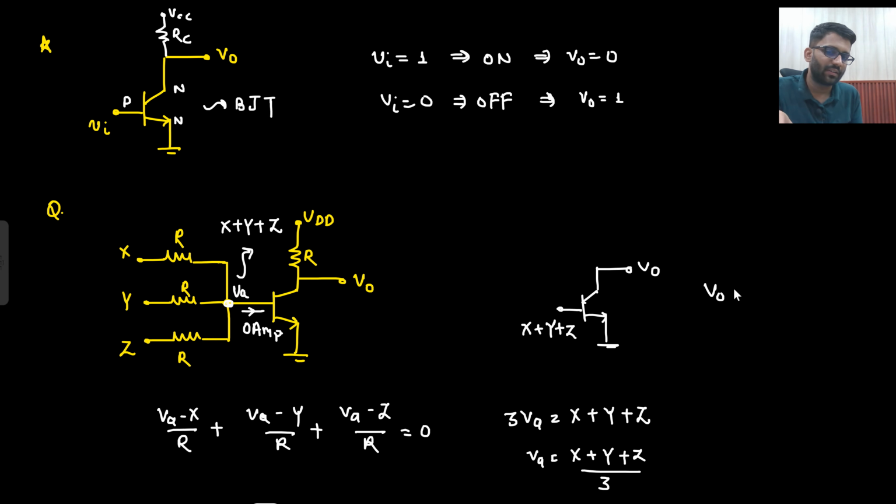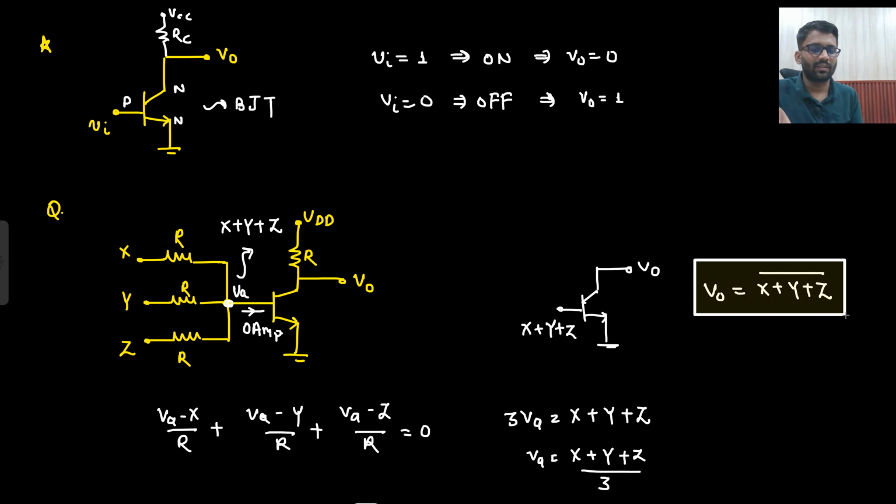Simply the bar of that, (X plus Y plus Z) bar. So this is your final answer. Although you have here (X plus Y plus Z) by 3, 3VA is equal to X plus Y plus Z, but there is no meaning of 3 here. Basically, you will just receive the bar of that.